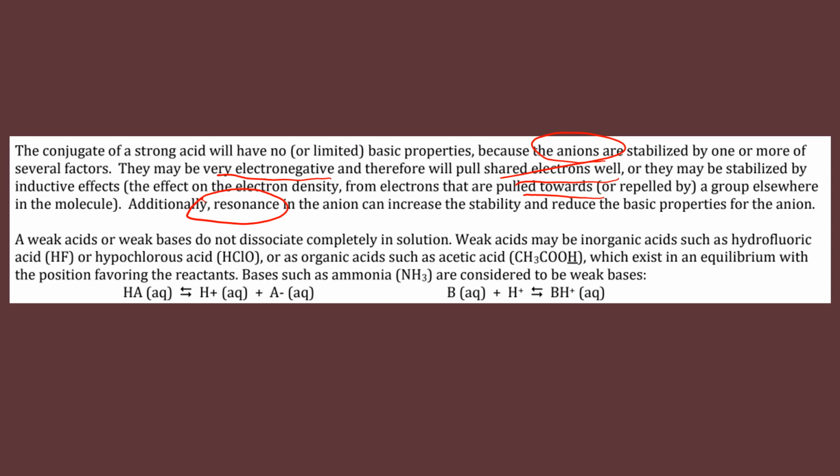If you have a weak acid or a weak base, they do not dissociate completely. Some examples include hydrofluoric acid, hypochlorous acid, or acetic acid, which is vinegar. They exist in equilibrium and they favor the reactants in this equilibrium. And bases such as ammonia are considered to be weak bases.